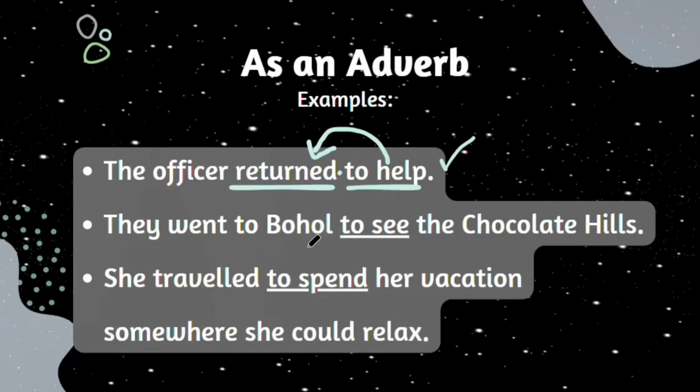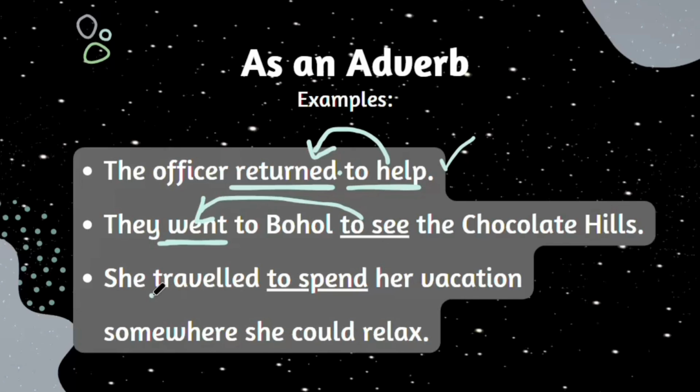They went to Bohol to see the chocolate hills. They went. Went is a verb here. To Bohol. Why did they go? To see the chocolate hills. Now this to see is giving you information about the action of went and that's why it's an adverb here. She traveled to spend her vacation somewhere she could relax.